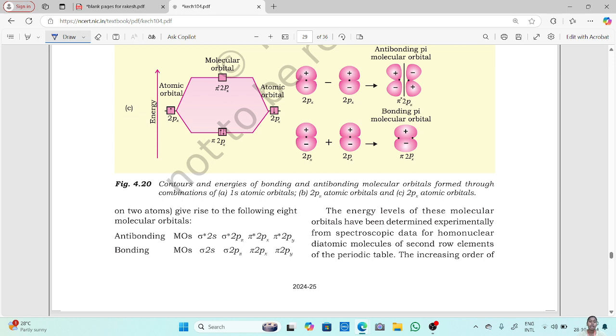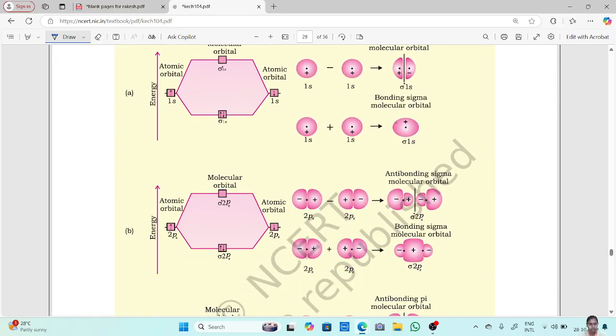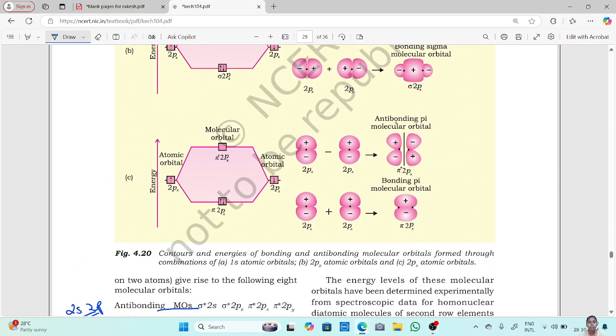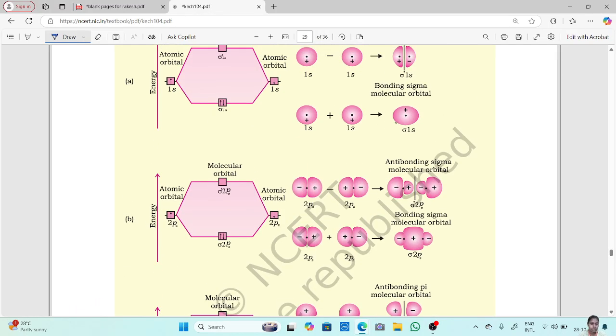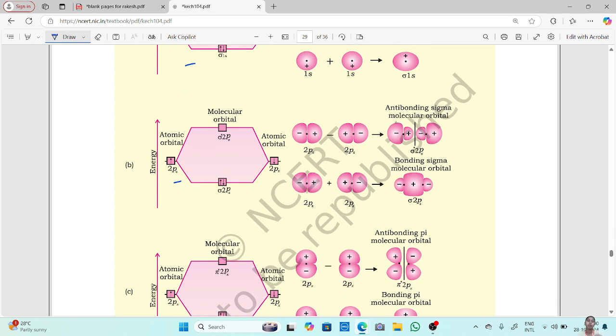So in short, you get 8 molecular orbitals: 1, 2, 3, 4, 5, 6, 7 and 8. So 2s and 2p all together you get 8 orbitals. Amongst them 4 are antibonding molecular orbitals and 4 are bonding molecular orbitals. So these are the energy level diagrams. This is for 2px, this is for 2pz, and this is for 1s. They have shown it for different orbitals.